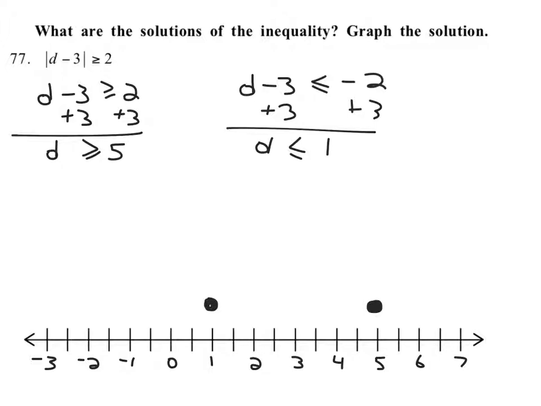Let's start with the endpoint of 5, this first one over here. d is values greater than that. Okay. Let's look at this one. Endpoint of 1, d is values less than or equal to 1. So that looks like this. That's it. That's how you graph them.